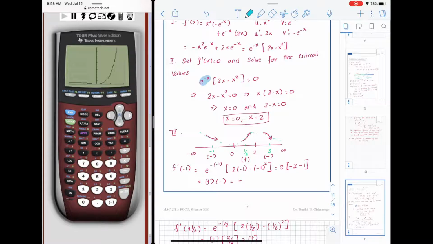So we still have to do some adjusting here in the window. So let's do up to 2.